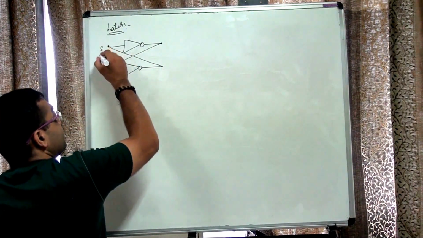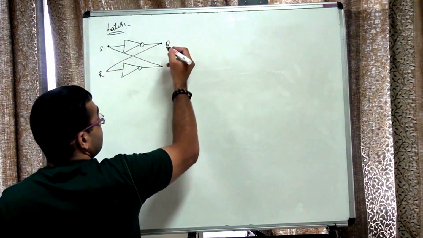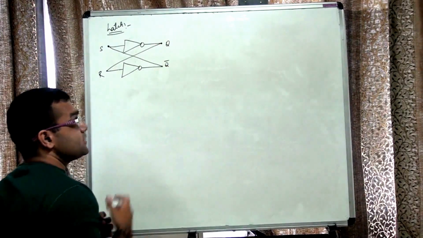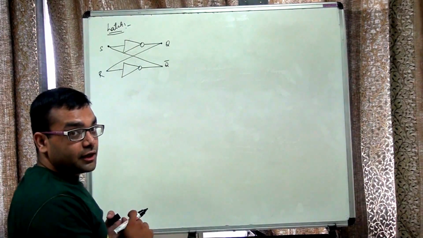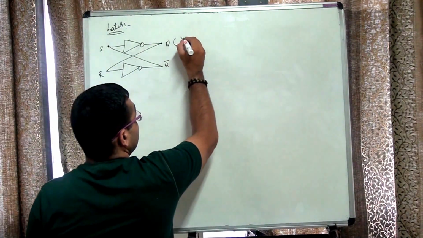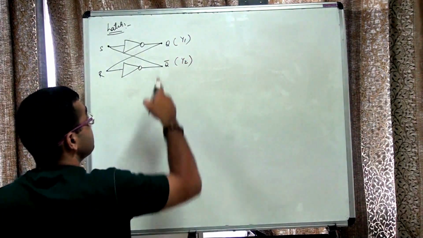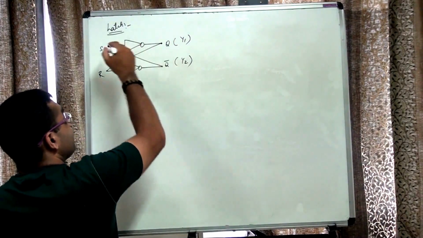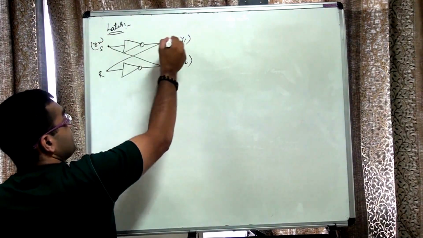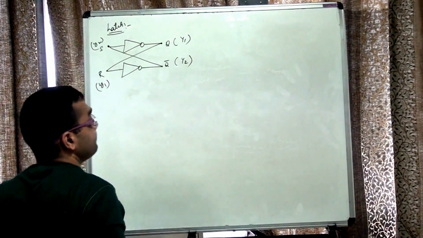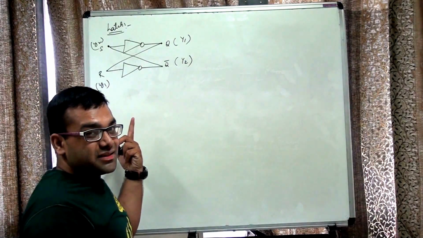This was called the SR latch, with Q, Q bar and so on. We will come to the significance of Q bar later on. For the timing, we will assume them to be capital Y1, capital Y2, because they are connected by the feedback. So this one I call small y2, and this is small y1. Now this circuit has a very basic problem.